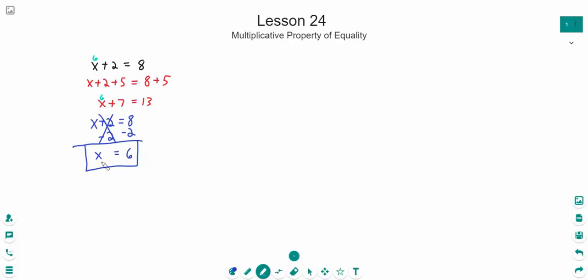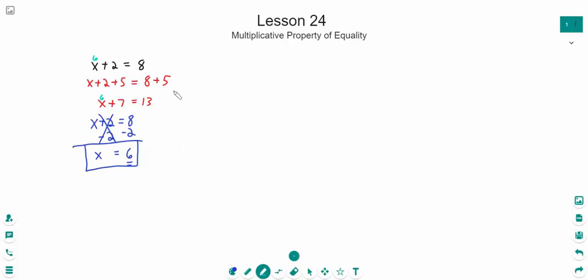And whenever x is all by itself, then that's telling us what x is equal to. So it kind of unveils the x. It reveals the mysterious number that's hiding behind the x, which in this case, as we already determined, was a 6. So we used that additive property of equality to our advantage.